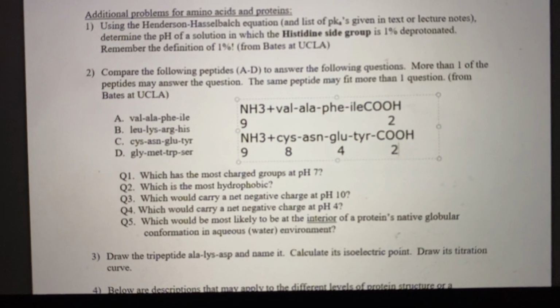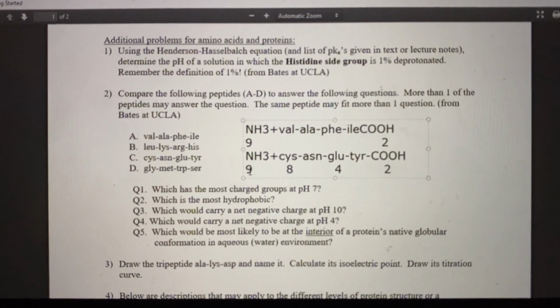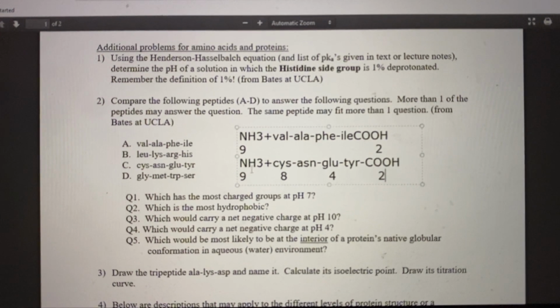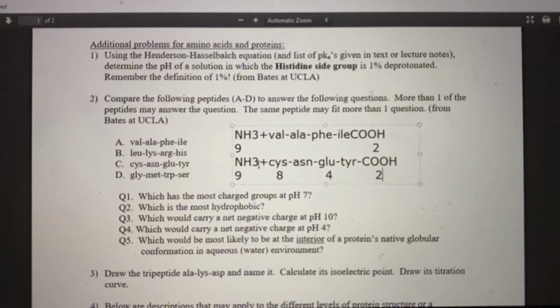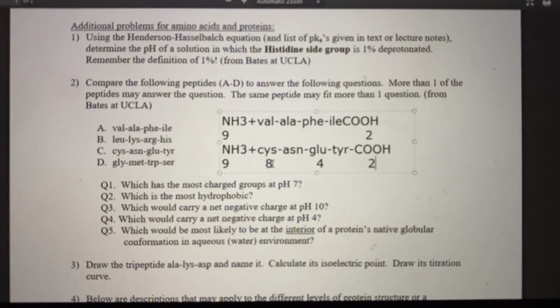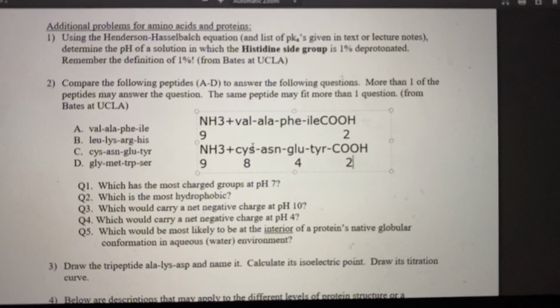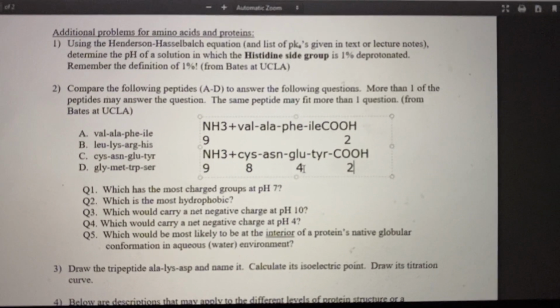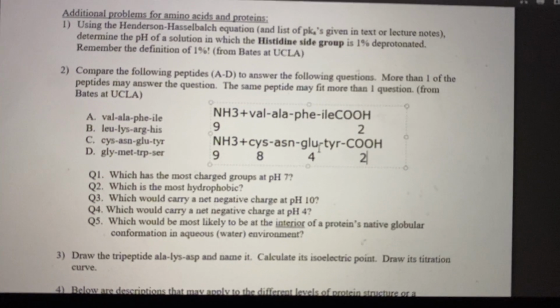Those are the pKa's. And you have to remember the rule that if the pH is lower than the pK, it keeps its charge. So anything below 9 for amino group would still be NH3+. Anything below 8 would still have cysteine at a sulfur and a hydrogen. Anything below 4, glutamic acid, is carbon, oxygen, oxygen, hydrogen.